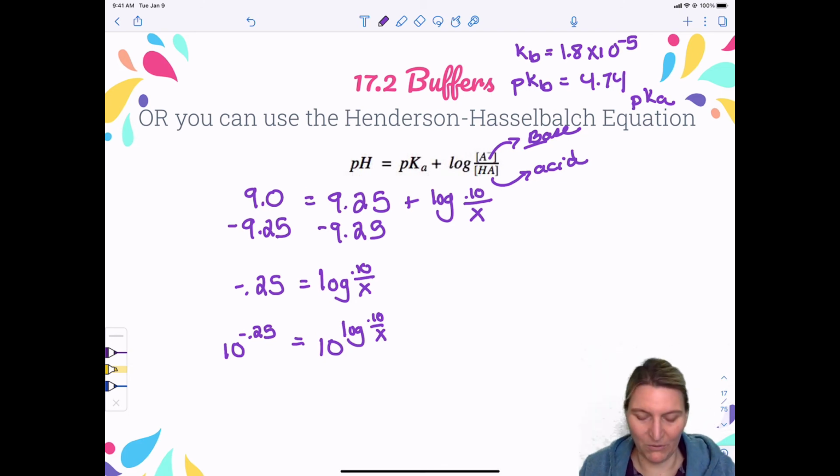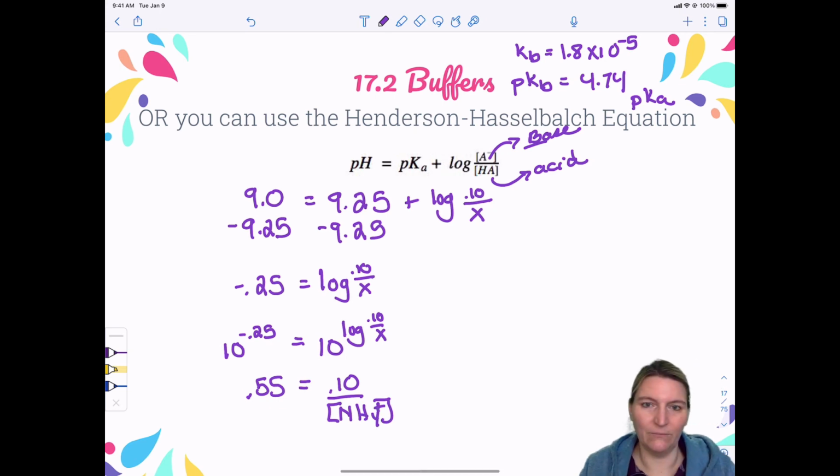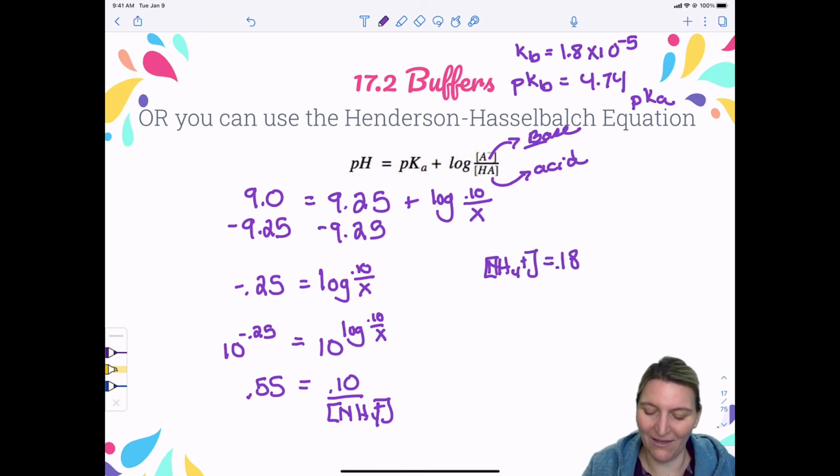When I do that on both sides, the 10 to that and the log cancel each other out. So I get on this side 0.55 equals 0.10 over the concentration of NH4 plus. Cross multiply, and I will get that the concentration of NH4 plus is equal to 0.18, the same as I got the other way.